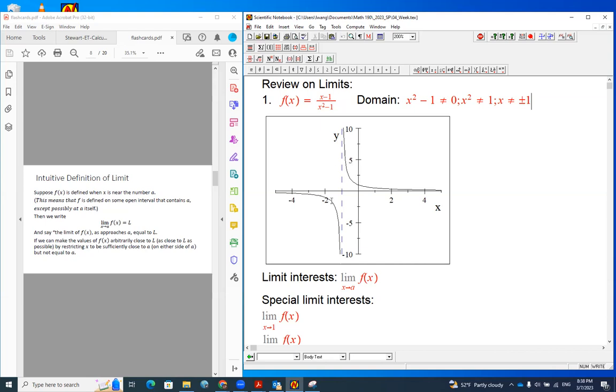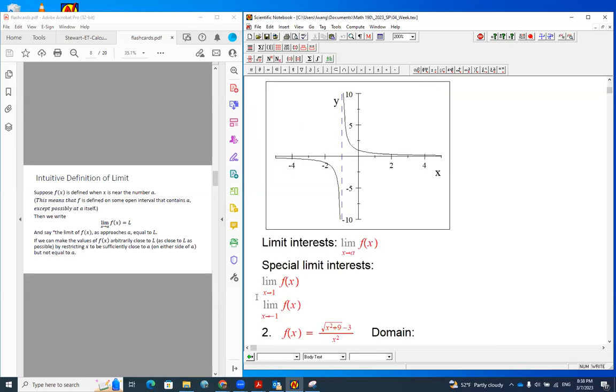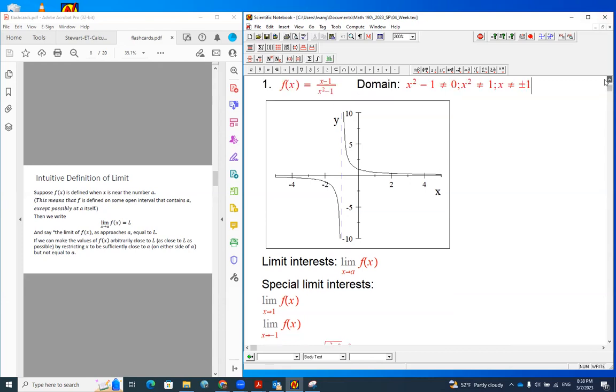And there's a negative 1 here, too. When you look at these limits, if I want to know the limit as x approaches positive 1, I certainly can make this a question, right?